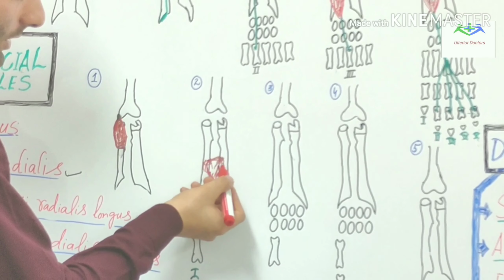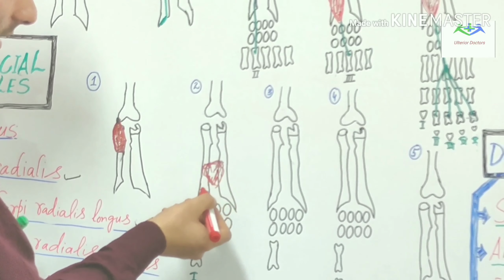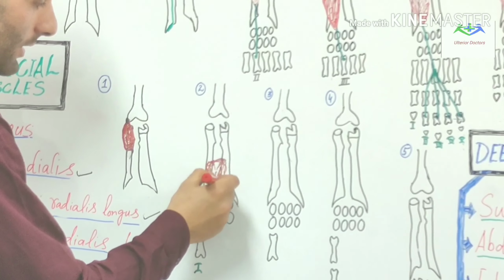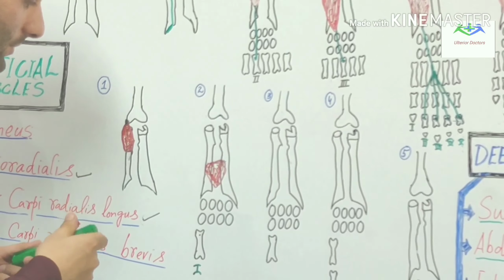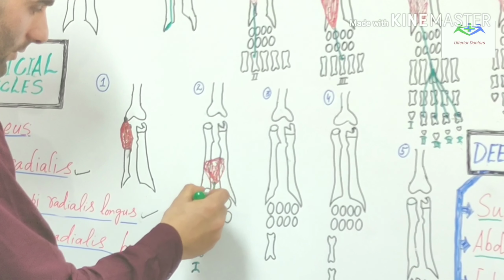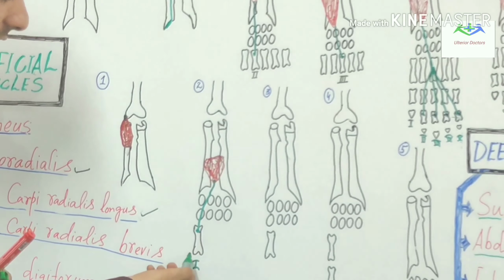From the posterior surface of the shaft of the radius and ulna, it originates and gives the long tendon which is inserted to base of first metacarpal.